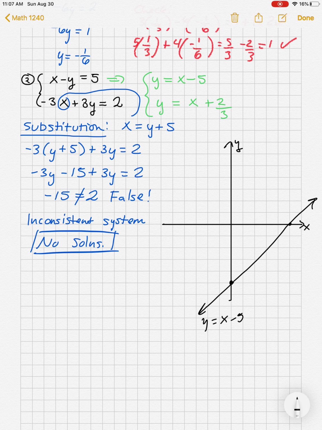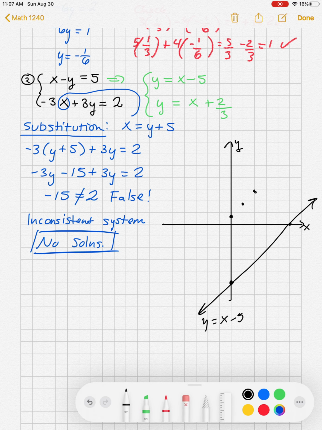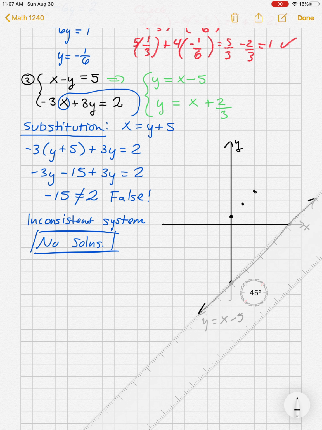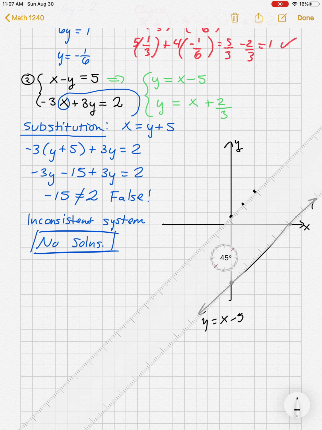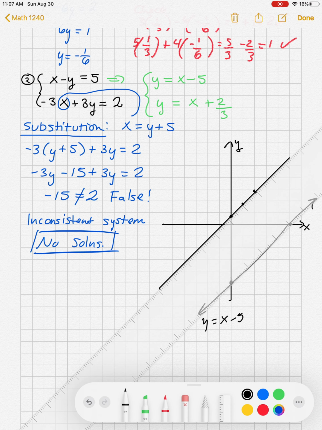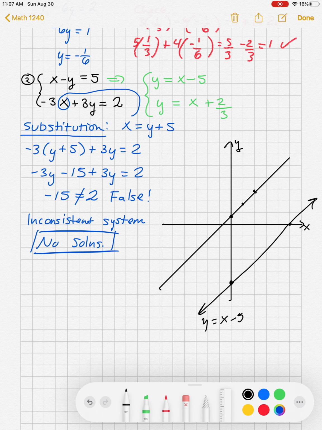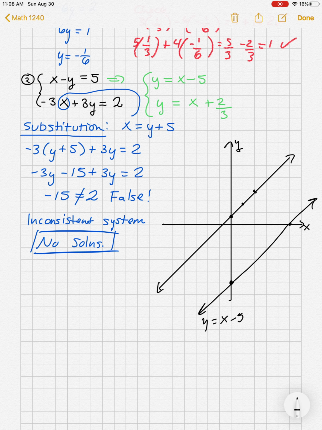The second line, the y-intercept is 2/3, but the slope is still 1. So look at what's going to happen. It's going to be parallel to the first line.